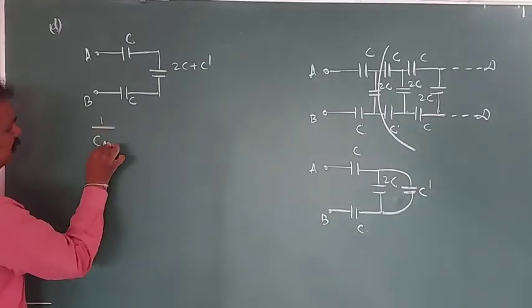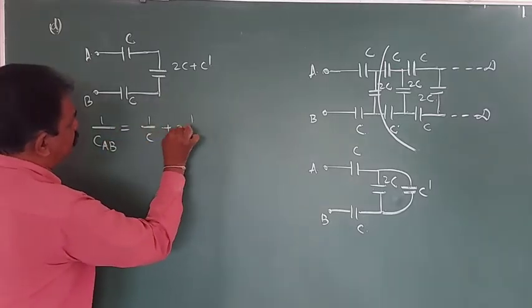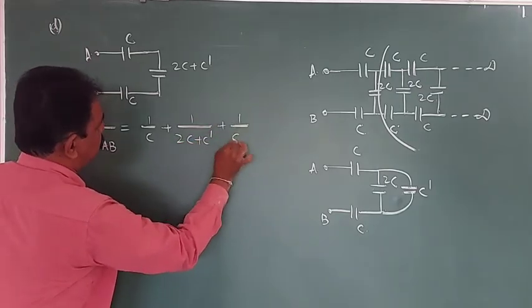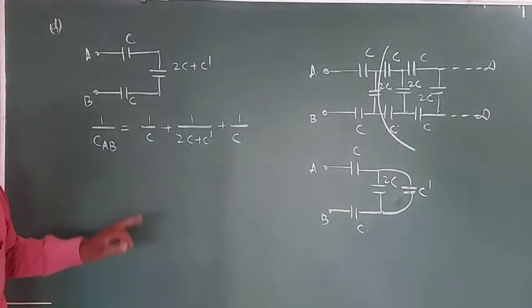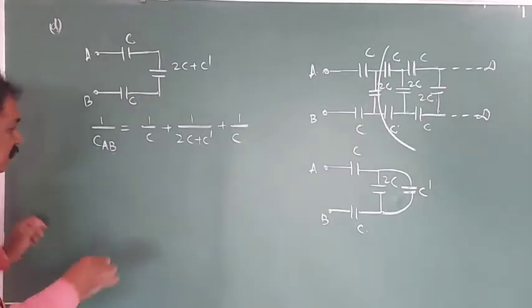1 by CAB is equal to 1 by C1, 1 by C2 plus 1 by C3. Again what we had to consider, CAB value is C dash.